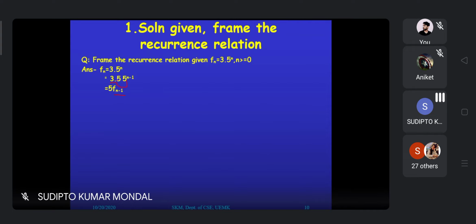So that becomes 5 into Fn minus 1. That is the recurrence relation we get: the nth term is dependent on its previous term by a factor of 5. Fn equals 5 into Fn minus 1. This way we make a recurrence relation from a given solution.